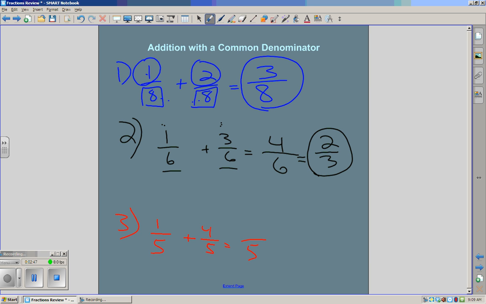I maintain the 5. 1 plus 4 is 5, so I have 5/5. Whenever I have a number over itself, my answer is going to be 1. The way I think about it is 5 goes into 5 1 times. 1 whole. 5/5, 1 whole. There you go.